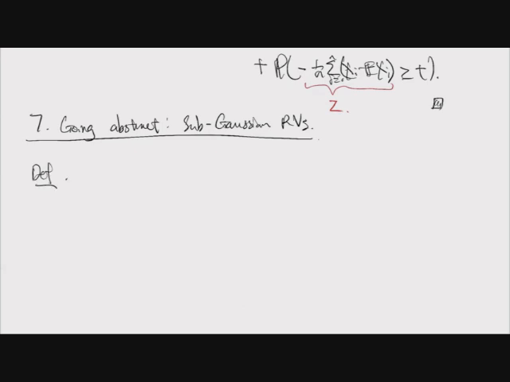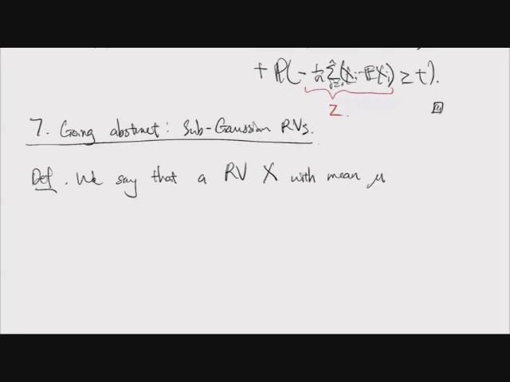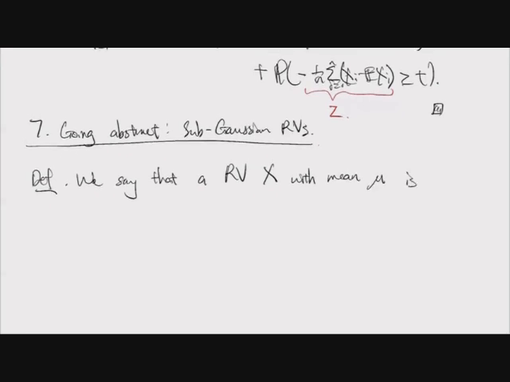So here's the definition. We say that a random variable x with mean mu is sigma sub-Gaussian. Okay, so sigma here is a parameter.